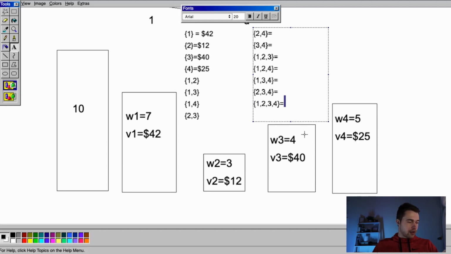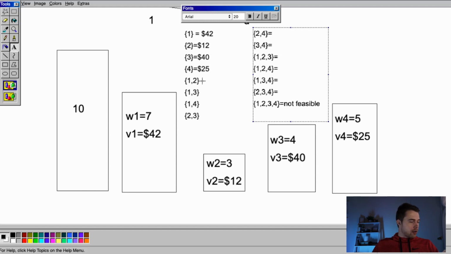However, what's the weight? 7 plus 3, that's already 10, plus 4 plus 5, I'm not going to fit that, so that's not feasible. If I take number 1, of course it's 7, that'll work. Number 2, it's only 3 pounds. Here it's only 4, and that's only 5. That will all work.